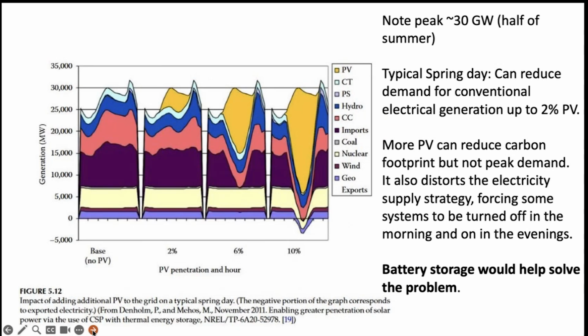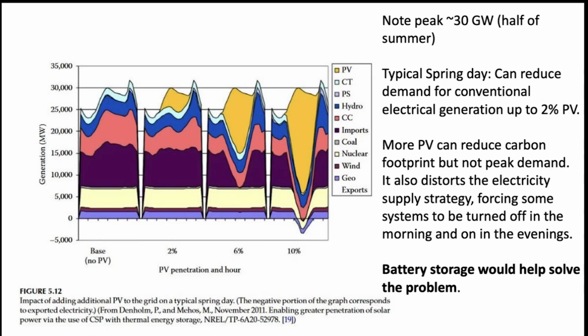Okay, so here we've got the same sort of thing. No photovoltaics, and then, as you really penetrate to 10% solar photovoltaics, it really impacts the other things. So these operators are not going to be happy because their budgets are based on what percentage of the time their generators are being used.